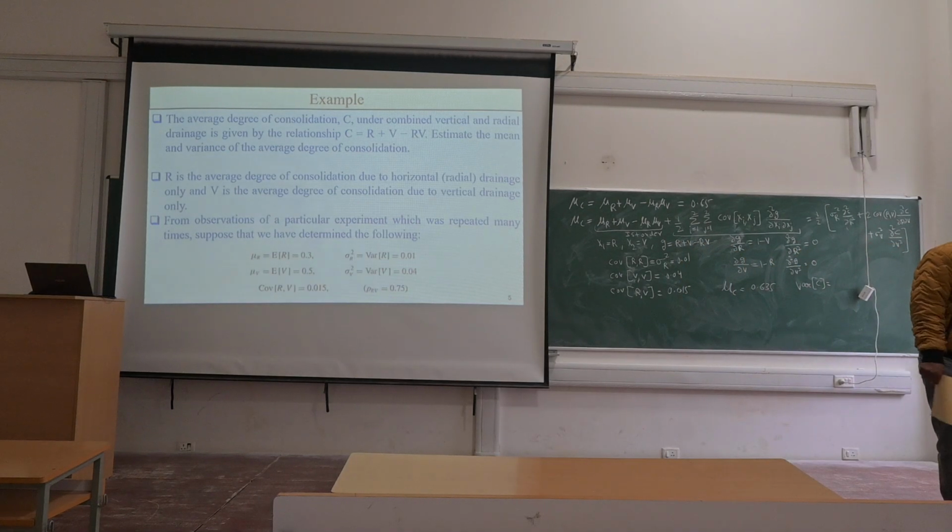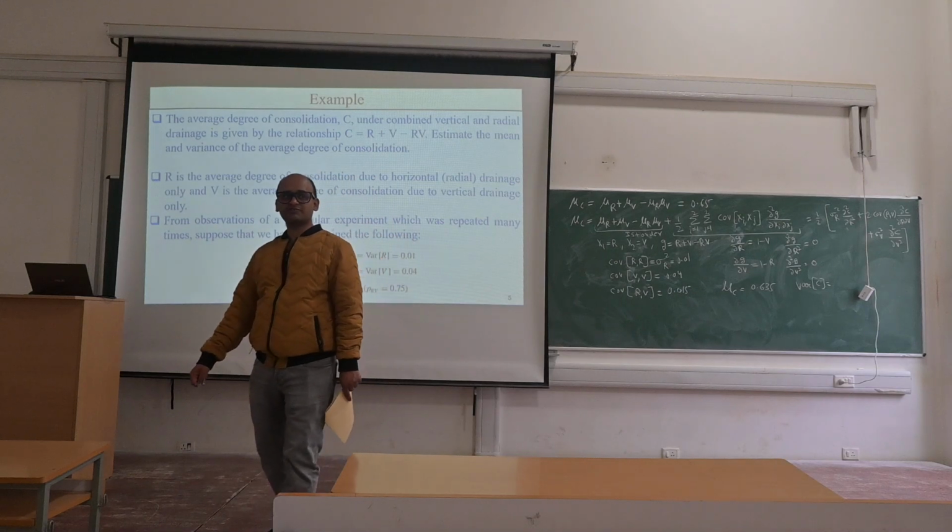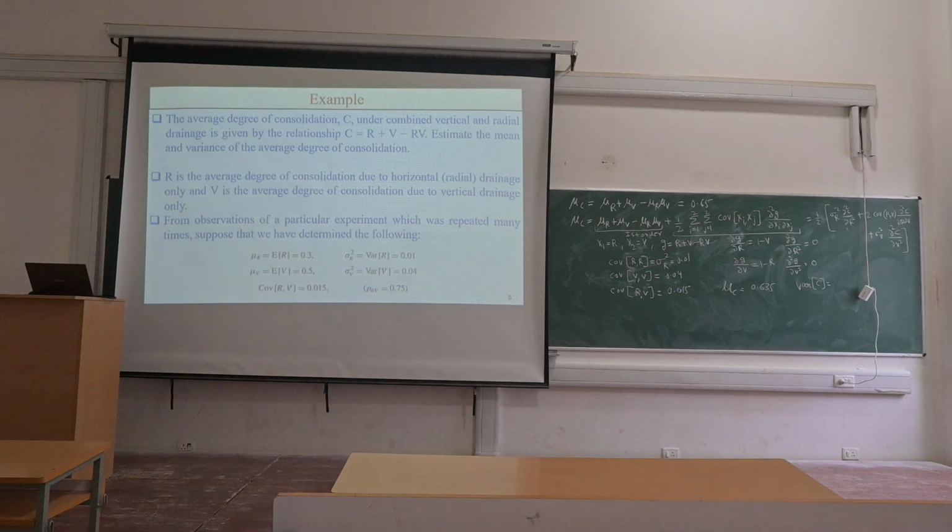First order approximation of variance of C. First tell me what is the expression in terms of variance of R, variance of V and del C by del R in this form. First write variance of C. Expand it.